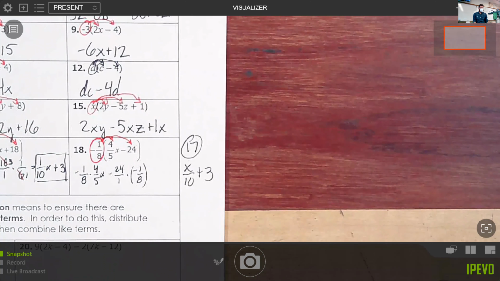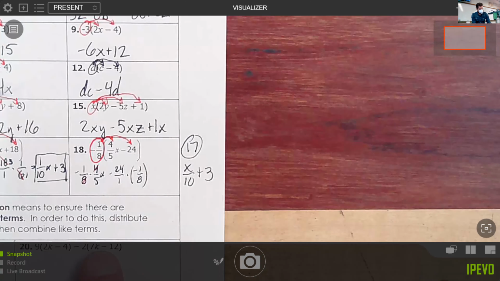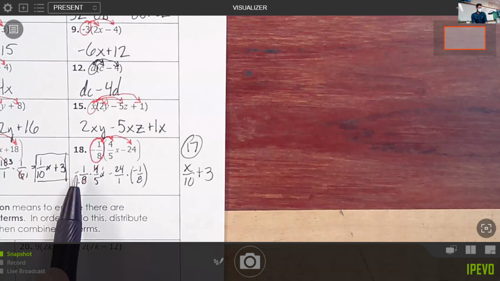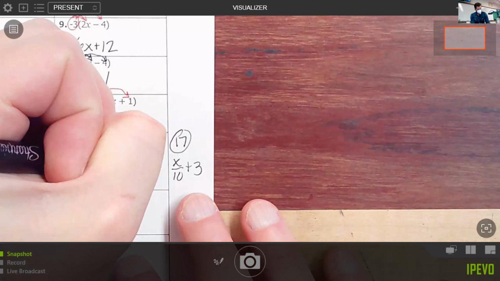Negative times a negative. Now, we can cross cancel on this first one. Those are both divisible by 4. 4 divided by 4 is 1. 8 divided by 4 is 2. -1 times 1 is -1. 2 times 5 is 10. So that's -1/10 x.